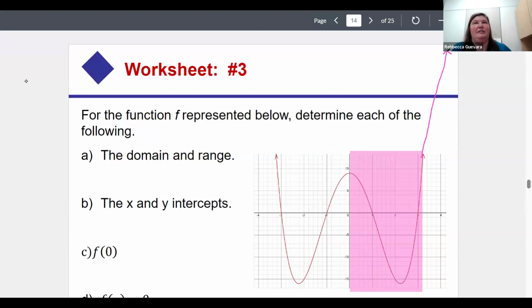If you got stuck on that arrow, what's really happening is I just keep going forever, for infinity. That is in a positive direction, going to positive infinity. So when we talk about domain, x is going to infinity this way.